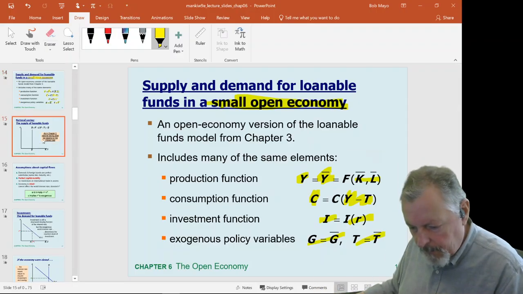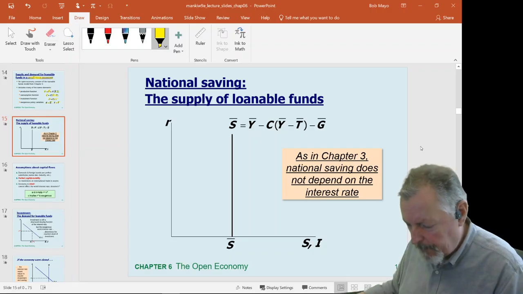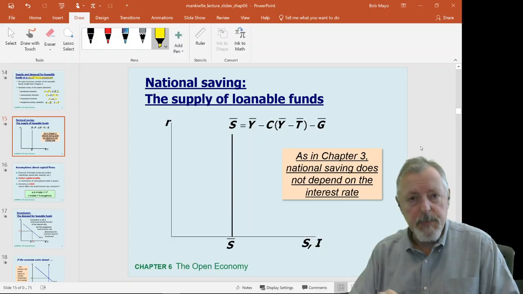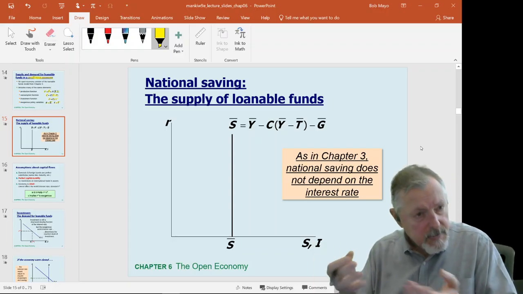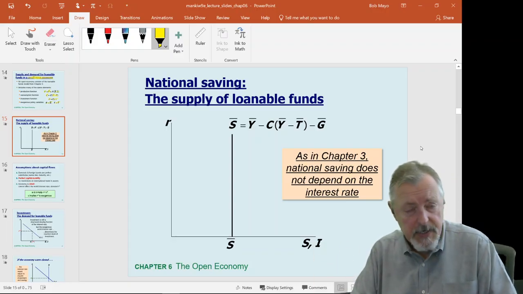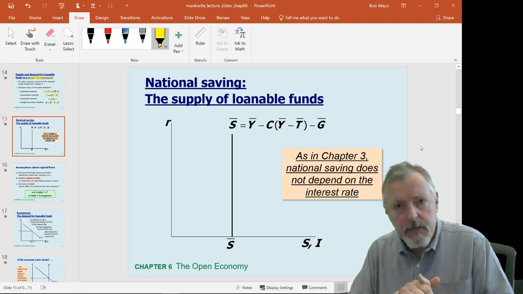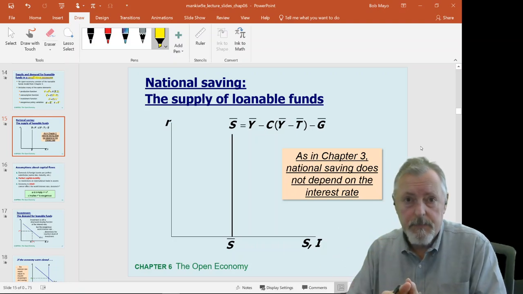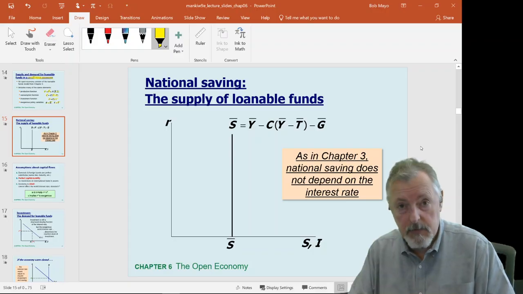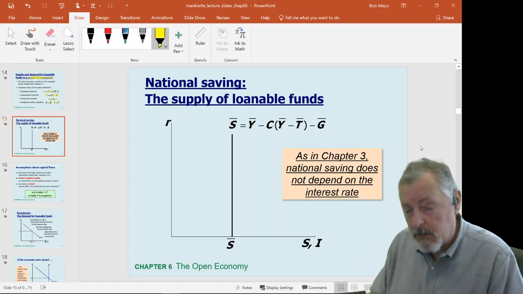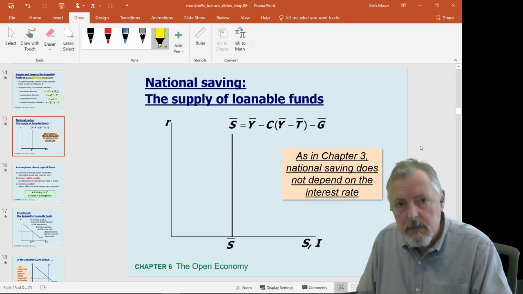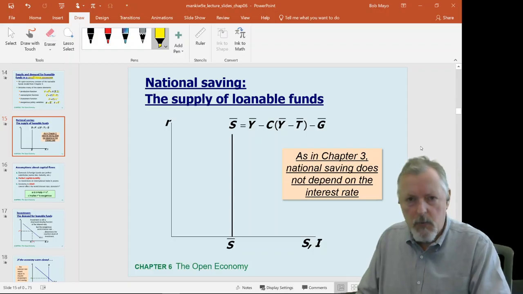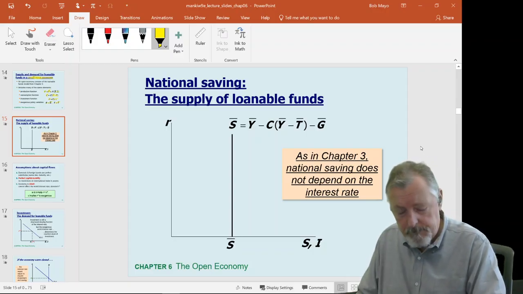In this model, and I know it's unrealistic, but that's a good thing because it simplifies stuff so we can understand it better, savings are exogenous to the model. They are simply a given. In particular, in this model, savings do not depend on the interest rate. Now, that's obviously not the way it works in the real world, but that's okay.